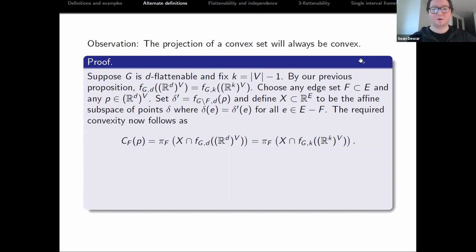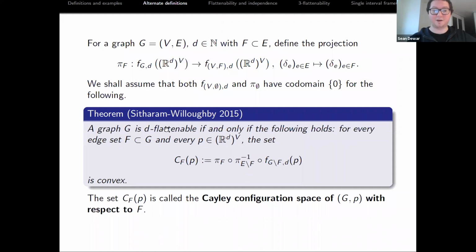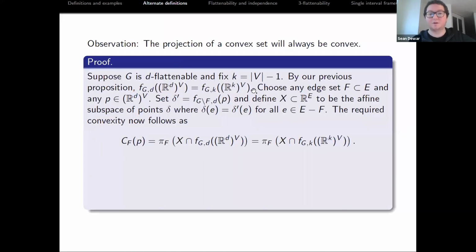So what we're trying to now show, if you remember, is that if G is deflattable, then for every edge set, this set is going to be convex. So we choose any edge set F and any realization P.